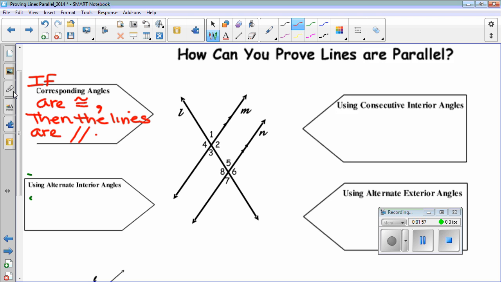I bet you we can fill out the rest of these as well. What kind of situation must alternate interior angles be if the lines are parallel? They're also congruent, aren't they? So we're going to say the same thing here. If alternate interior angles are congruent, then the lines are parallel.